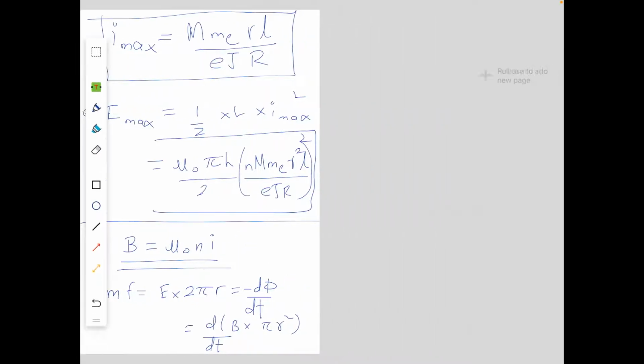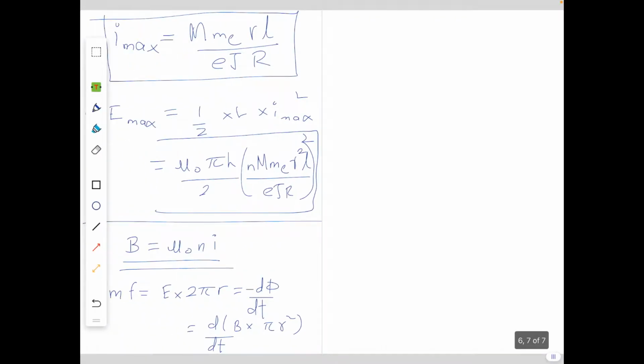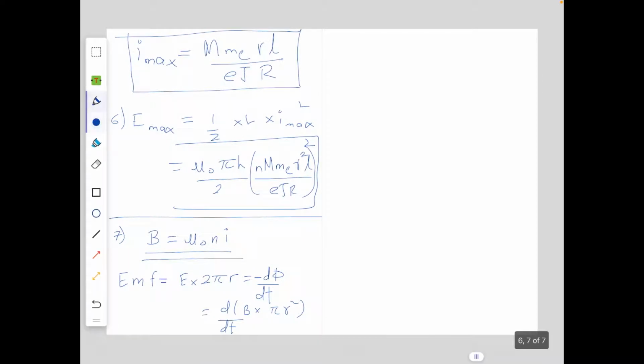So what we get from here is that E equals r by 2 times dB by dt, because pi r square is constant and comes out of the d by dt. Substituting B equals mu naught n I, we get r by 2 times mu naught n into di by dt.